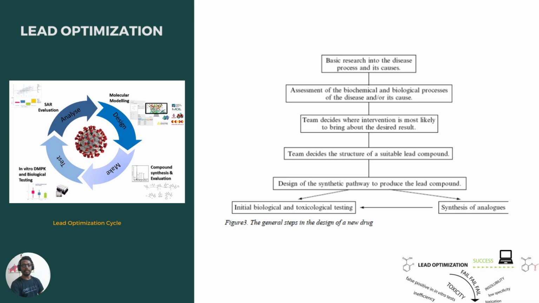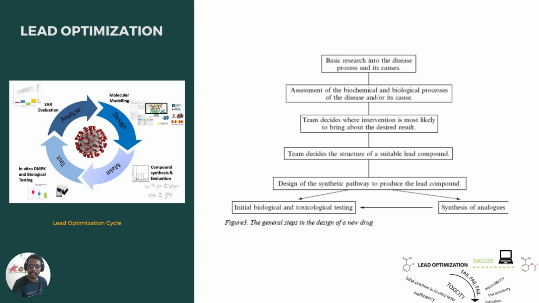Okay, so this is the general steps involved in designing of drugs, where first basic research into the disease process and its causes will be done, followed by assessment of the biochemical and biological processes of the disease and its causes. Then the team decides where intervention is most likely to bring about the desired results.